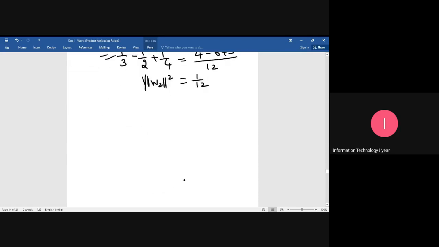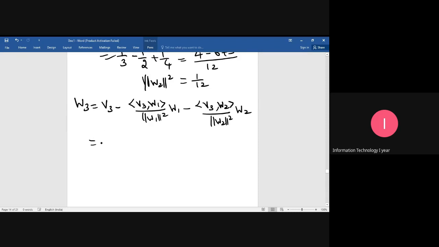So now we can write the answer for W3. W3 is V3 minus inner product of V3 comma W1 by norm W1 square into W1, minus inner product of V3 comma W2 by norm W2 square into W2. Substituting all values, V3 is x square, right?